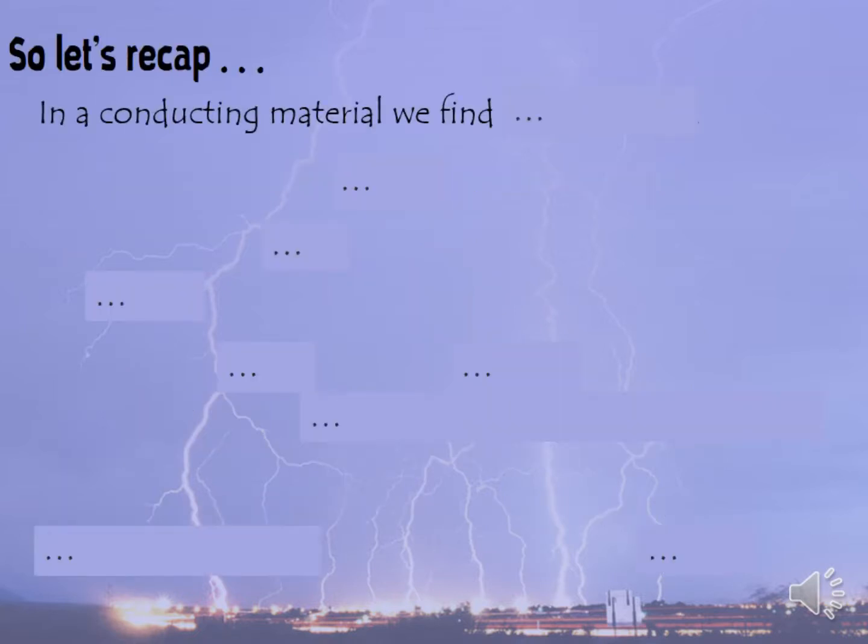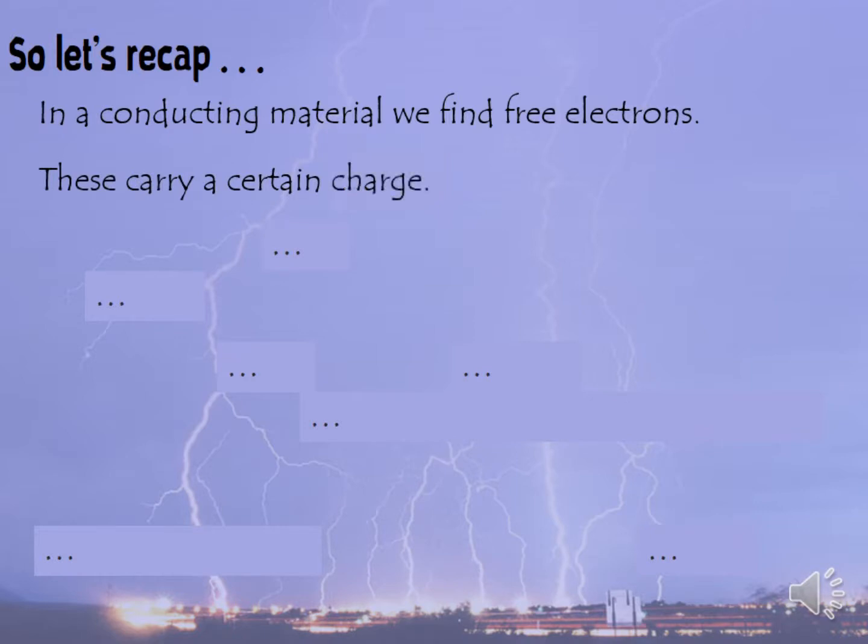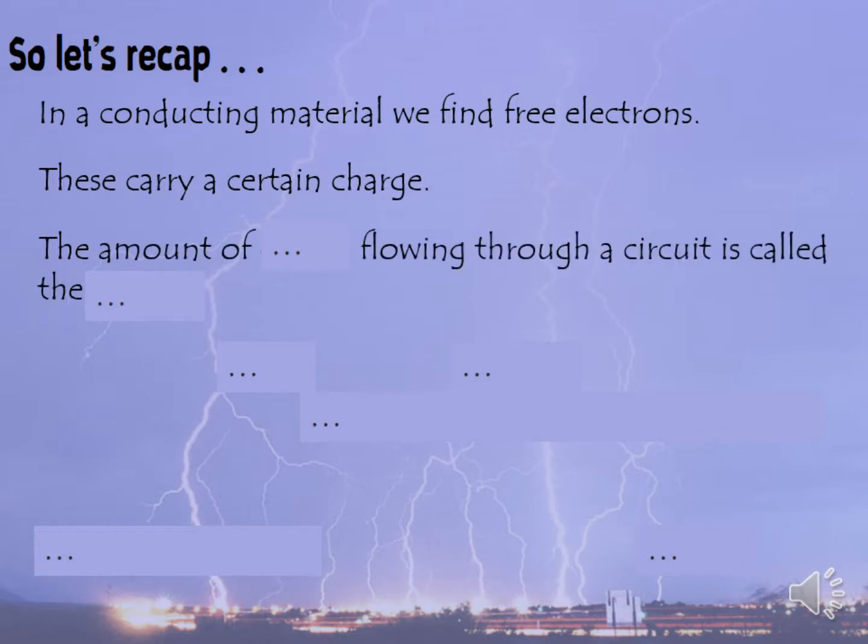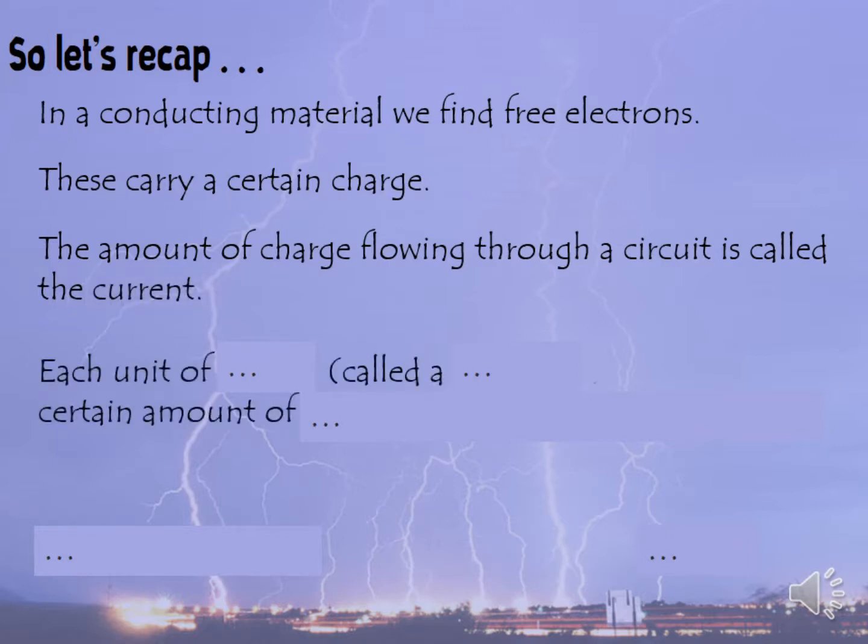So let's recap. In a conducting material, we find a large number of free electrons, and these are known to carry a certain amount of charge, and the amount of charge flowing through a circuit is called the amount of electrical current that it has.